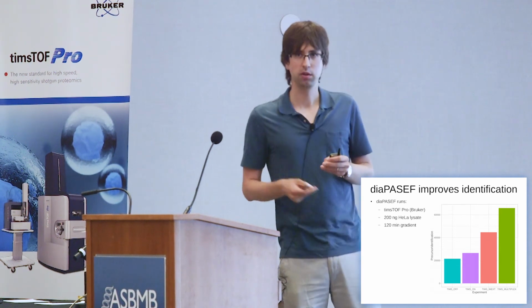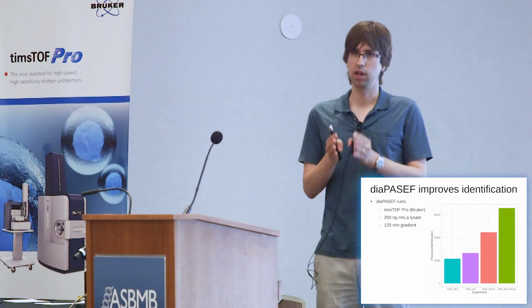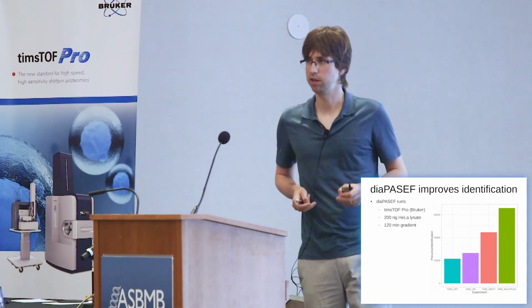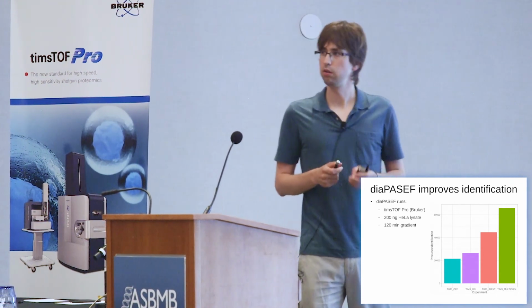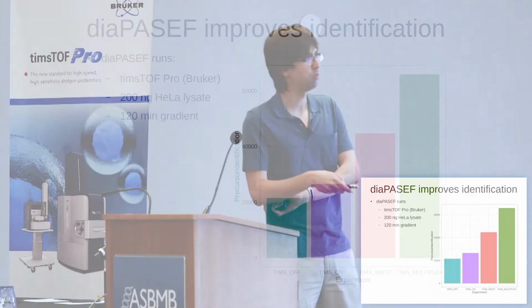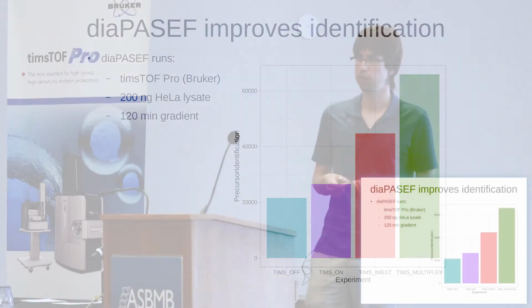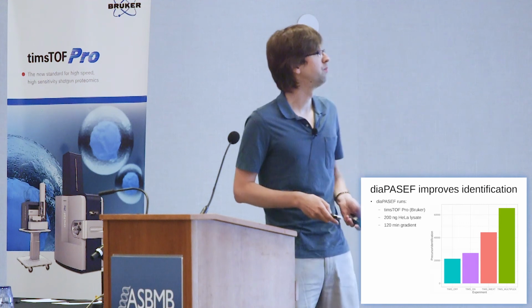Next, we did not delete the ion mobility information, but selectively extracted the information only from the ion mobility window where the peptide is to be expected, and we found another 70% increase in the number of peptide identifications. And finally, when we implemented the multiplexing scheme, we got another 50% increase on top of that, due to the increase in sensitivity and the increase in the number of ions reaching the detector.